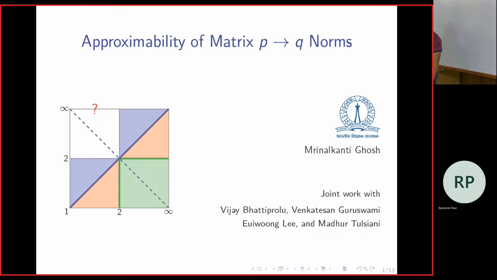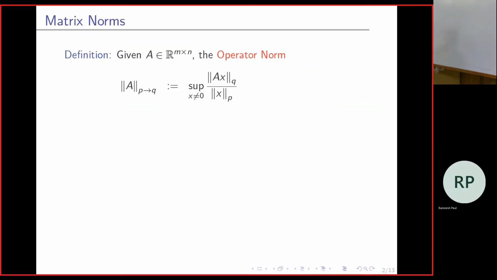So the purpose of this talk is to introduce you, or reintroduce you, to these matrix P to Q norms and connect them to some other problems in TCS, and toward the later half we'll talk about what we did for this problem. So the P to Q norm for a linear operator A, or a matrix A, is just this number.